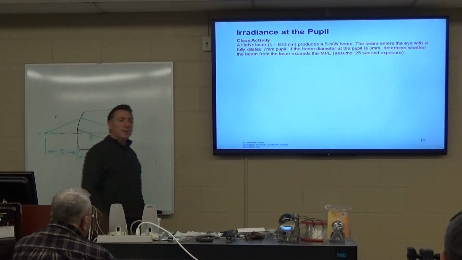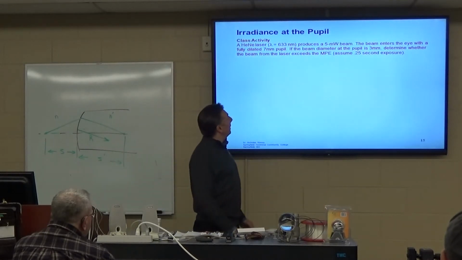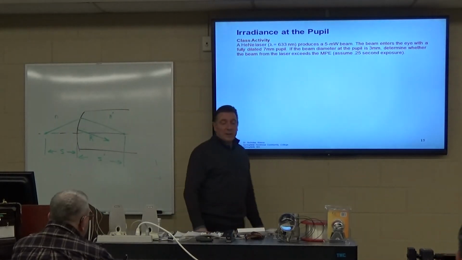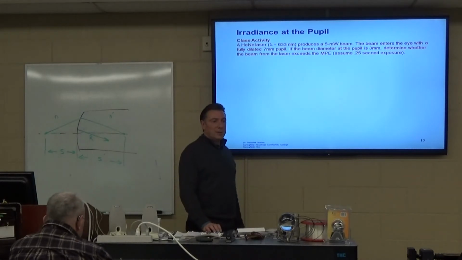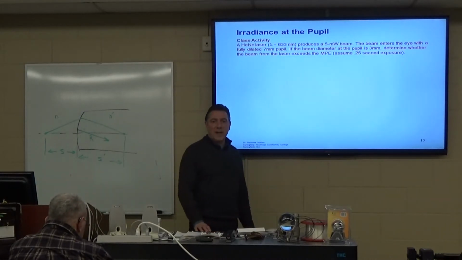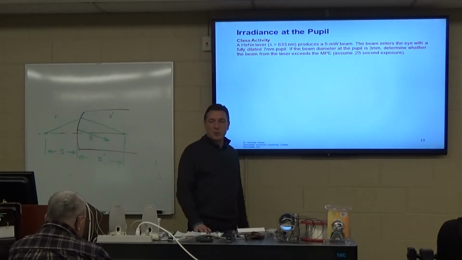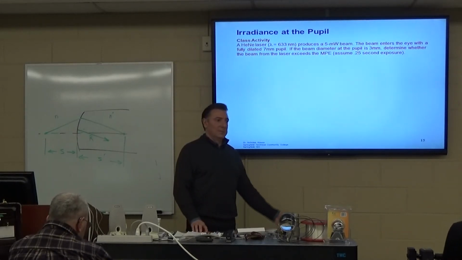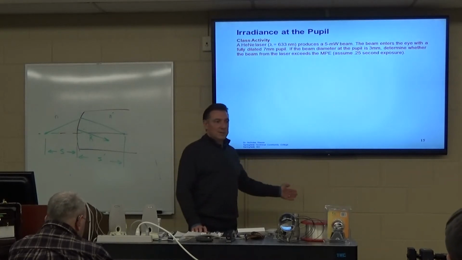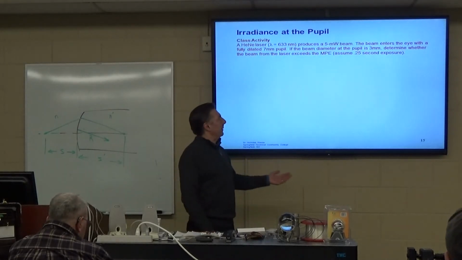Classroom activity. In the last few minutes, I want you guys to do this one here. Let's say we have a helium neon laser, 633 nanometers. The only thing you need to read from that is 633 is visible. So what's the maximum permissible exposure for a visible laser? All visible lasers: 2.5 milliwatts per square centimeter.